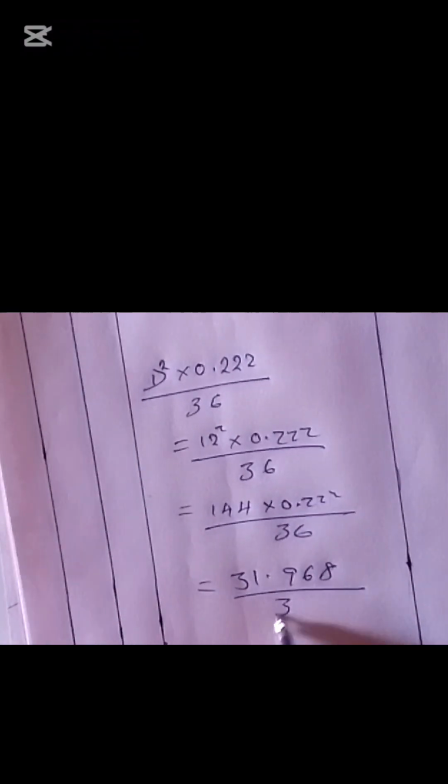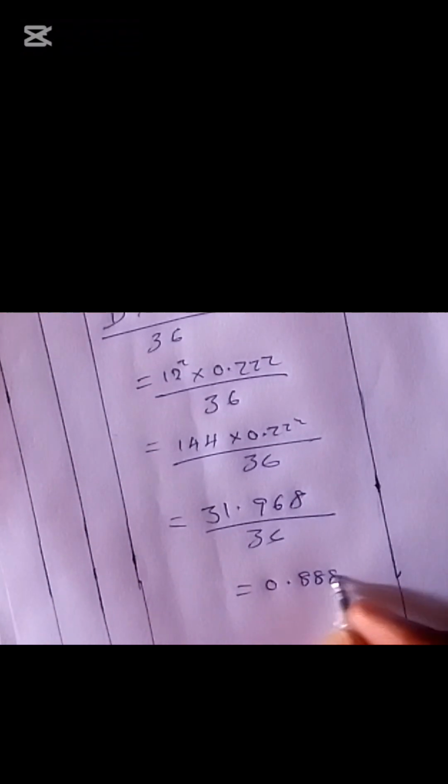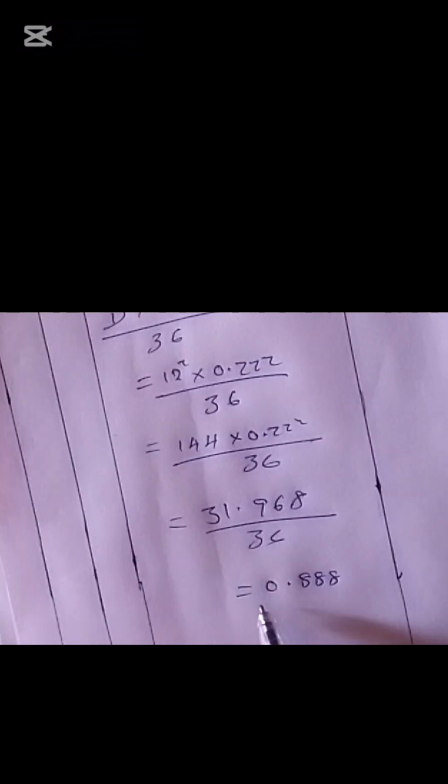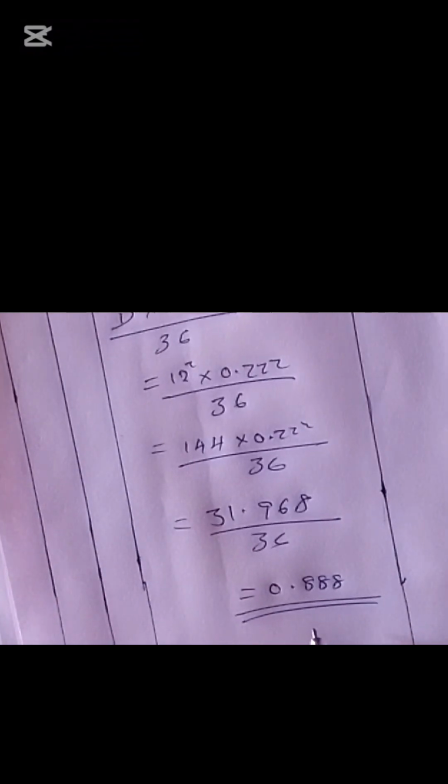Now, dividing it by that 36, that's going to give you 0.888 as your factor of conversion. So now, you're going to be using this 0.888 as your factor of conversion.